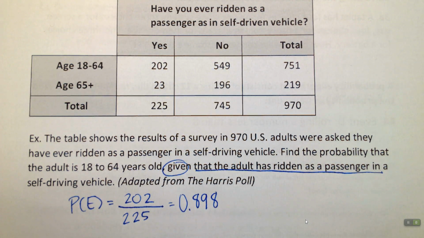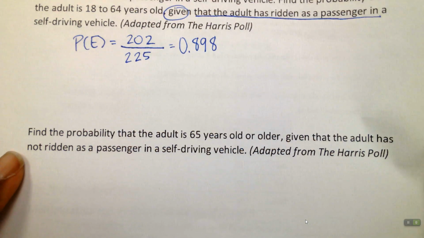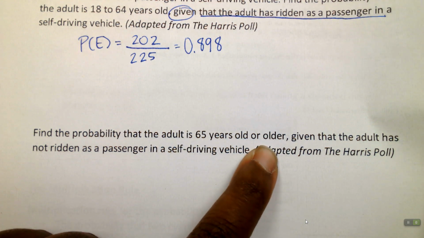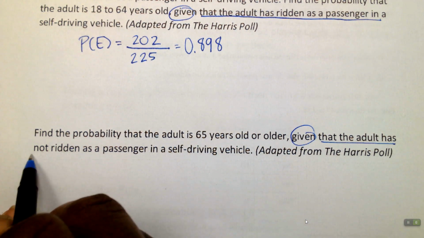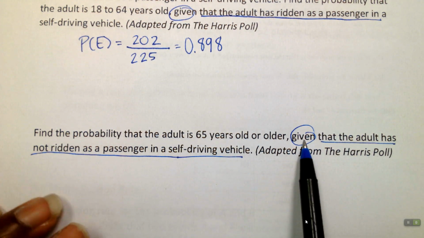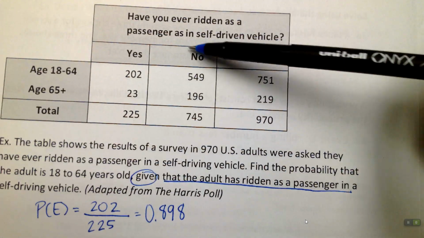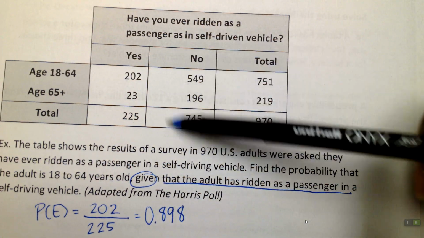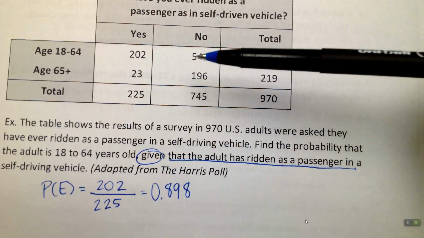Let me switch this around. So find the probability that an adult is 65 years or older, given the adult has not ridden as a passenger in a vehicle. So given, I highlighted this, they have not ridden, so I'm only using this column this time. So I can use columns, I can use rows, whatever they ask you to do, that's what you use.